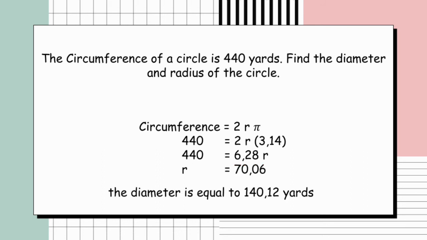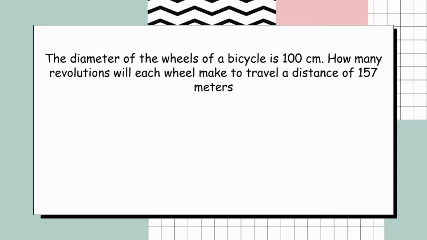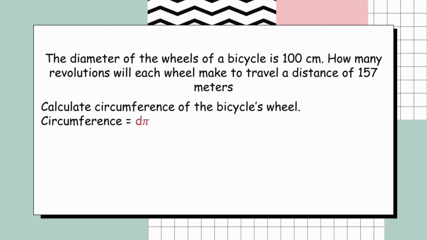The diameter of the wheel of a bicycle is 100 cm. How many revolutions will each wheel make to travel a distance of 157 meters? Calculate the circumference of the bicycle wheel. Circumference equals D times pi, 100 times 3.14, or 314 centimeters.